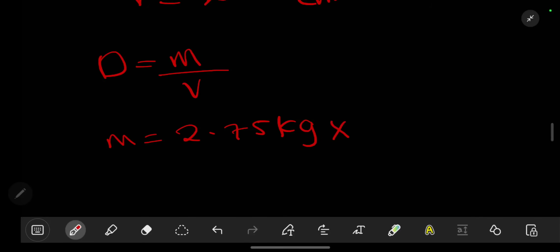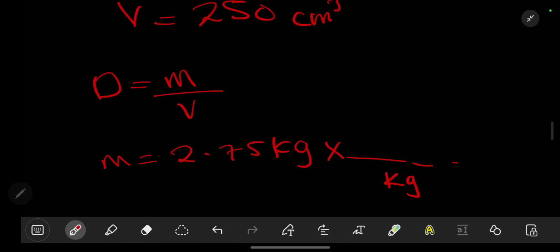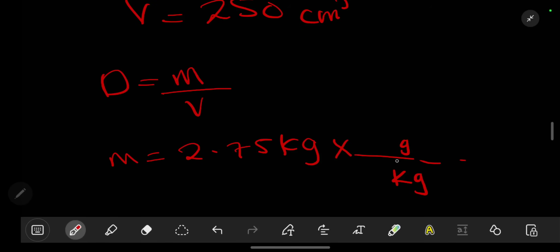Using the chain link conversion, since the kg is up there, you are going to put it down here. Then on top you are going to put the gram. Now in 1 kg there is exactly 1000 grams. So we have 1 kg there, and this and this end up cancelling.